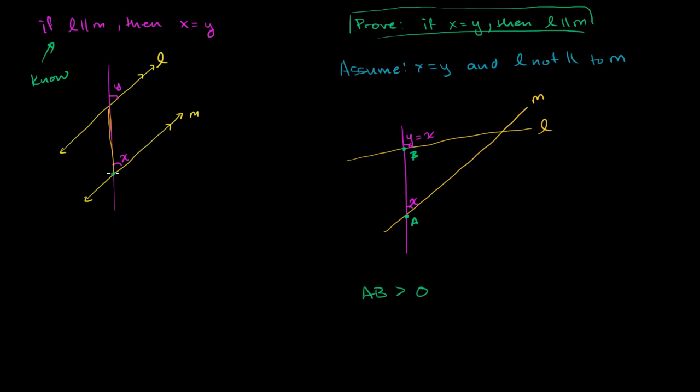And I think that's a fair assumption. In either case, AB is going to be greater than 0. So when we assume that these two things are not parallel, we form ourselves a nice little triangle here, where AB is one of the sides, and, labeling this point of intersection C, the other two sides are line segment BC and line segment AC.